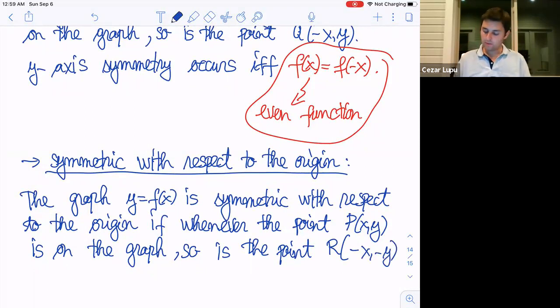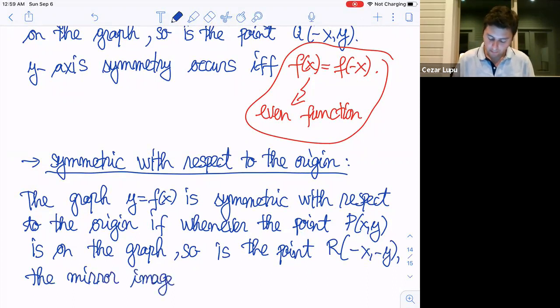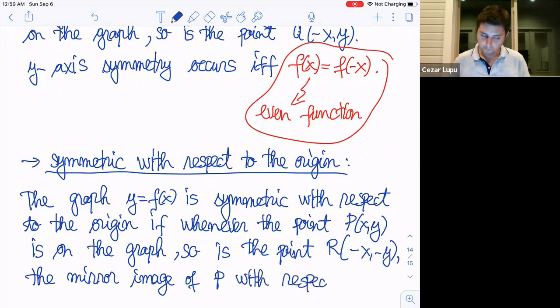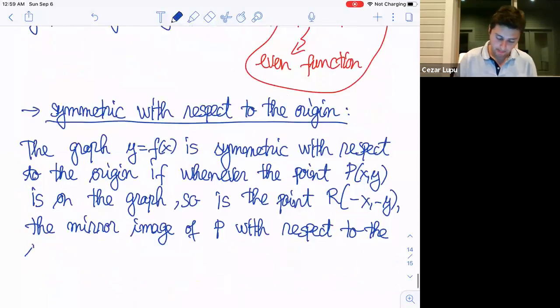So this is the mirror image of P with respect to the origin.